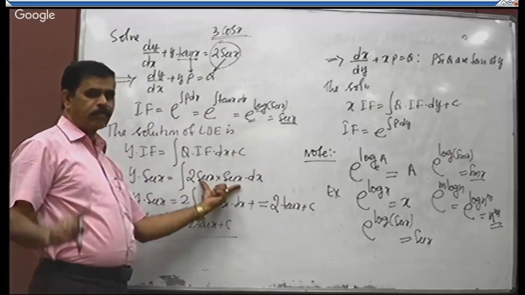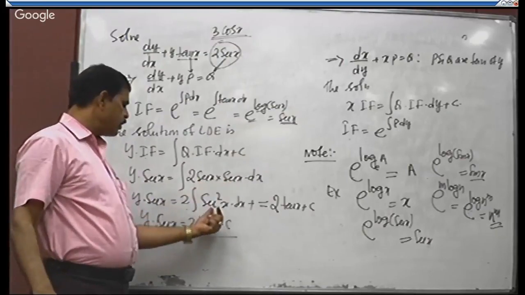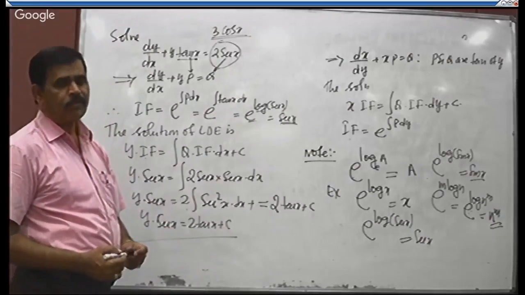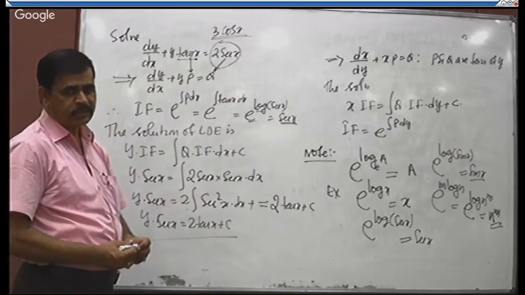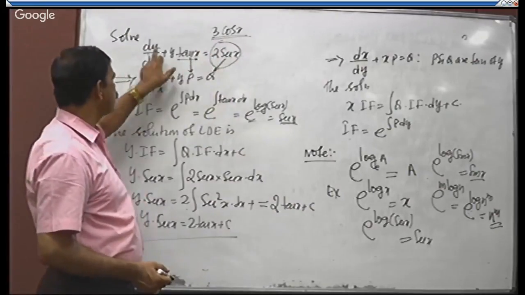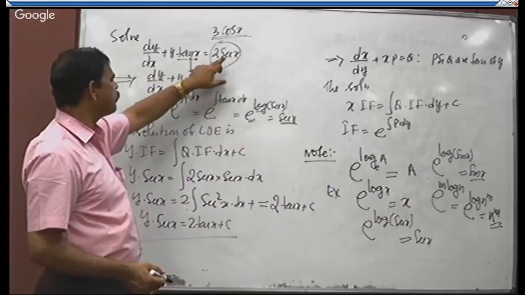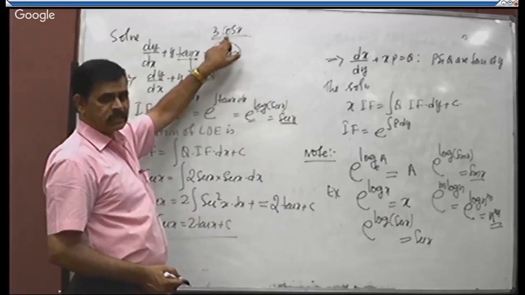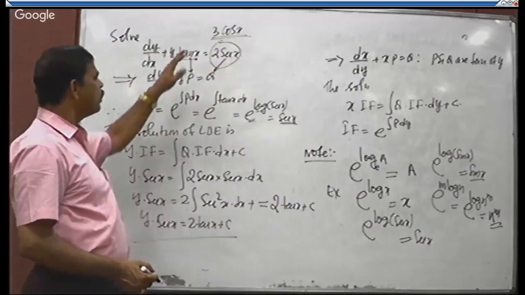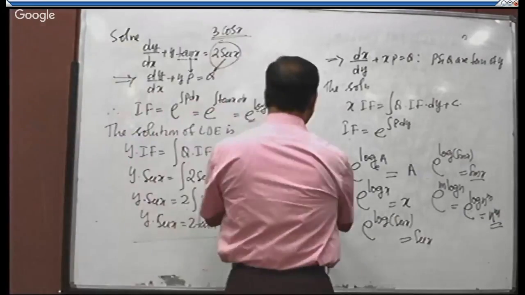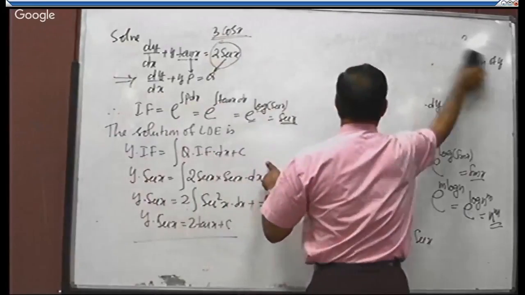Cos into secant will be 1. There the integration will come. For integration it is 1 only. The integration of 1 is what? x. Right? So they may be given in 2 ways. The same problem, at the right side, it will be given in secant or it will be given in cos. So I have done it for secant. You just solve for the cos. Okay. I will show you other examples of that type.